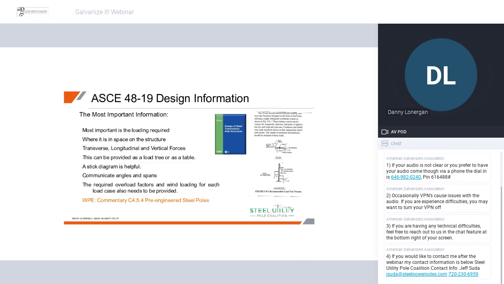Next slide is a little bit more detail with respect to designing a structure. So again, this is the governing document that does transmission, steel structures for transmission. So from a terminology perspective, you hear the term structure often, you hear the word pole often.